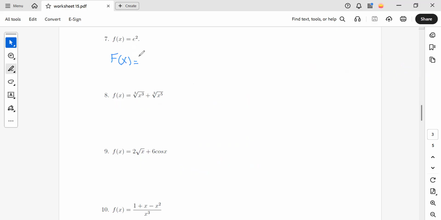For all numbers, they are constant. And for constants, we would just multiply it by a variable. So you would treat this question as if you had like 5. What is the antiderivative of 5? That's 5x. Same idea here because e squared is a number.